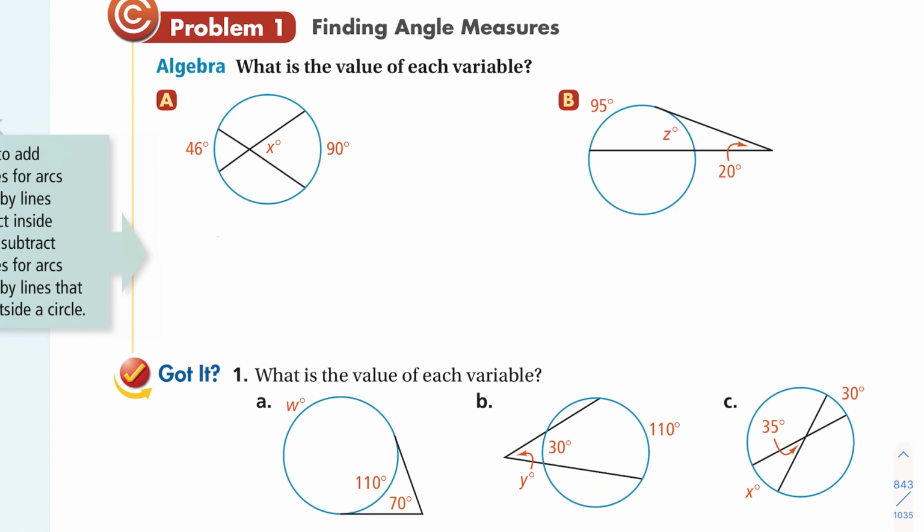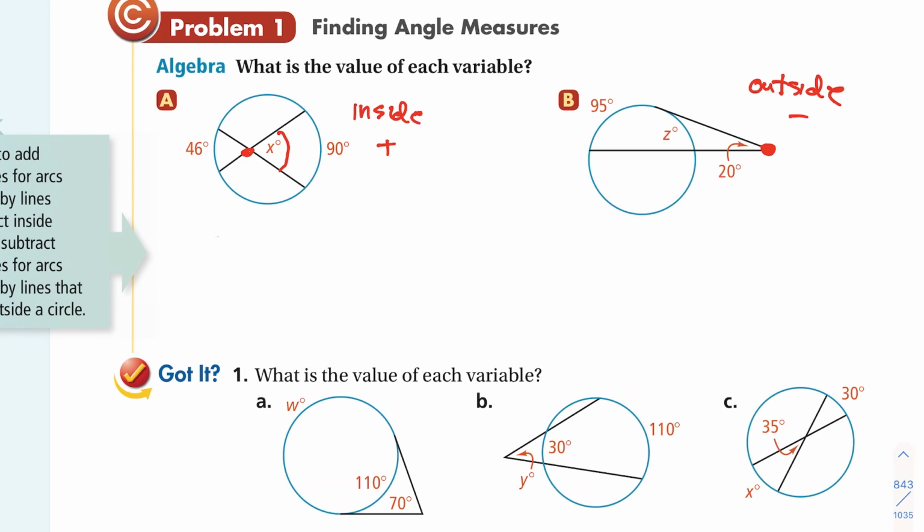So remember, when we say inside the circle, that is plus. We have an example out here, and that is outside the circle, and that is subtract, right? So what is the value of x?